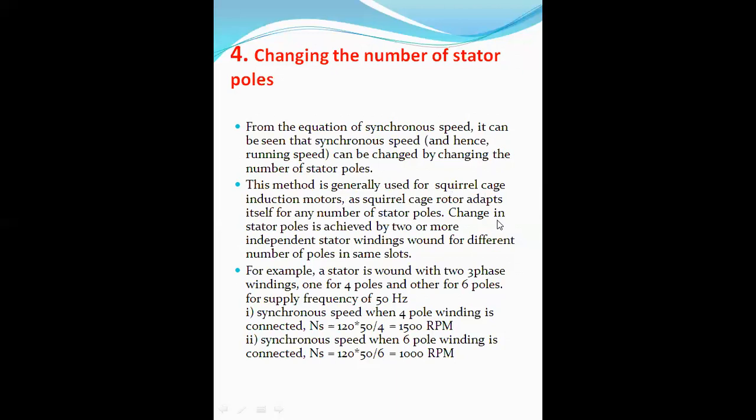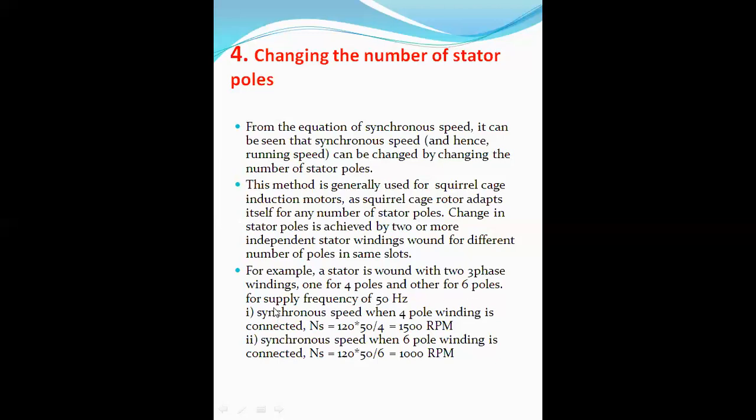Change in stator poles is achieved by two or more independent stator windings, wound for different numbers of poles in the same slots. For example, a stator is wound with two three-phase windings, one for 4 poles and the other for 6 poles.